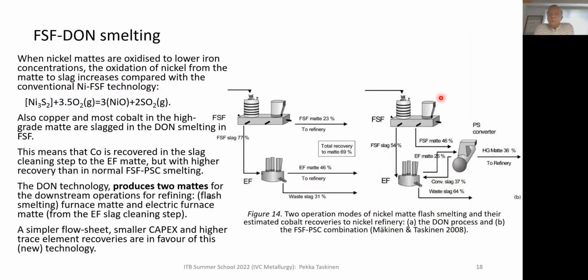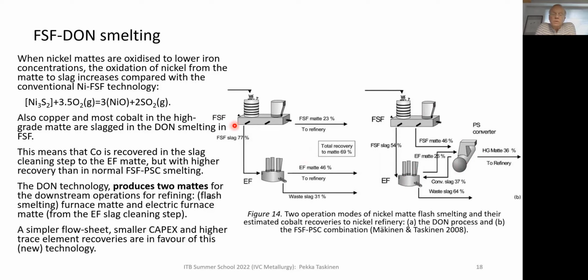So here we have this old-fashioned traditional nickel smelter where Pearce-Smith converters are feeding slag to the electric furnace, and the electric furnace matte is fed back into the converting step. And what we did and started up in 1995 in Harjavalta was this kind of flow sheet.